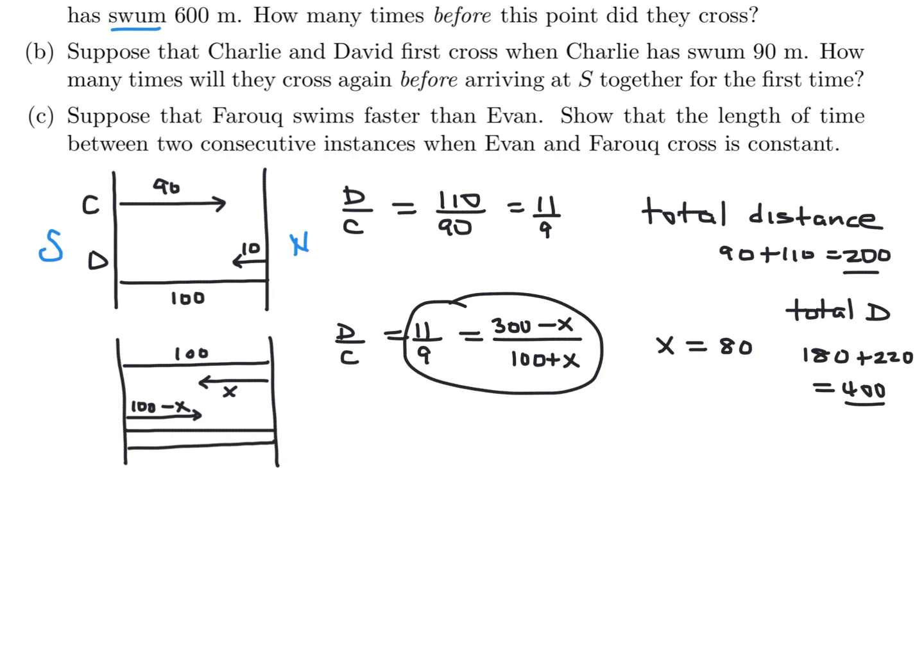All right. So that, and you can keep going like that, just like I did in part A, and then you'll eventually see that these total distances are always multiples of 200. So the next one's going to be 600, and then 800, and so on.